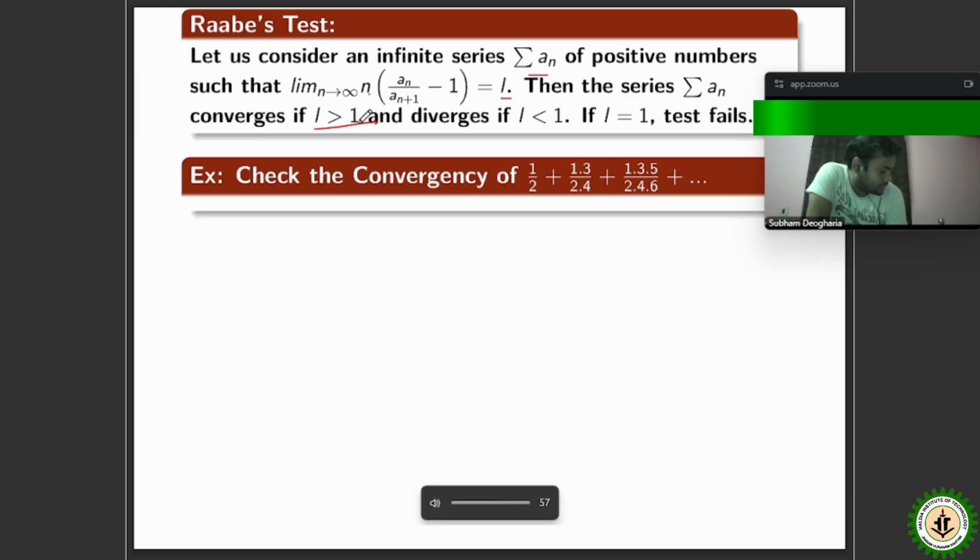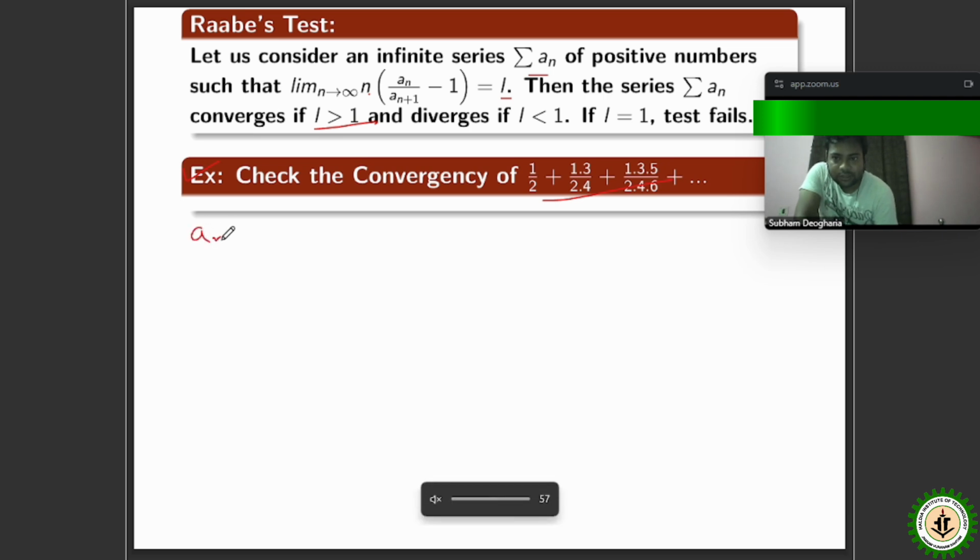Now let's take an example, which is this. The first term is 1 by 2, the second term is 1 into 3 by 2 into 4, and so on. Here the dot means multiplication. Okay, so let's find the nth term.